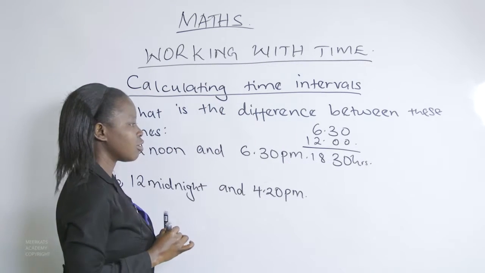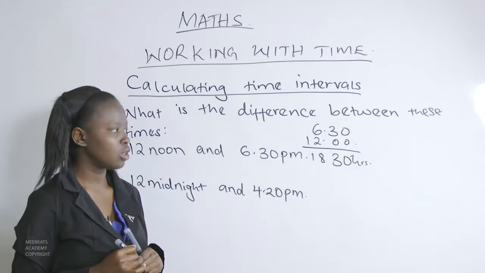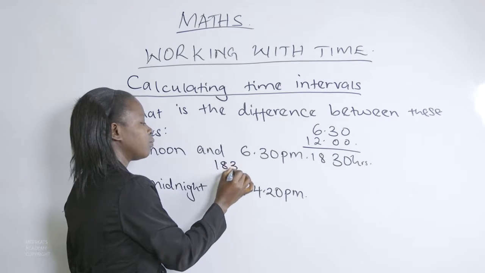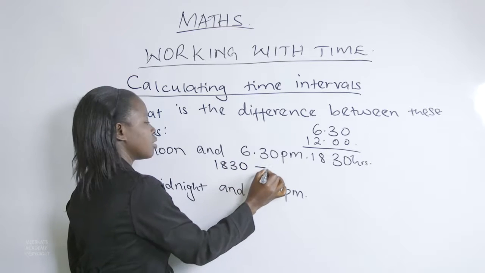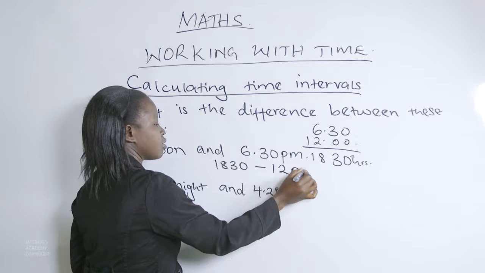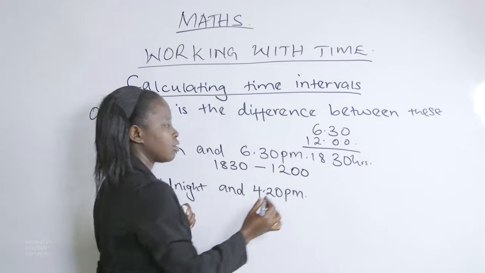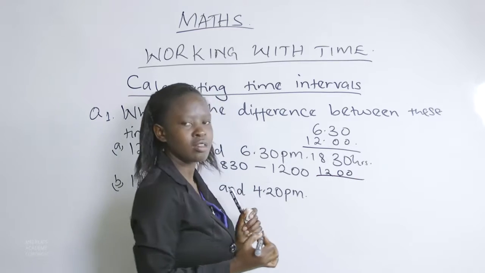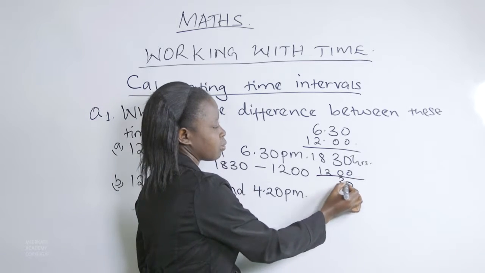So that means that if I have to get the difference between the two times, then I have 1830 minus 1200 hours. When we subtract, then we have 30 minutes.